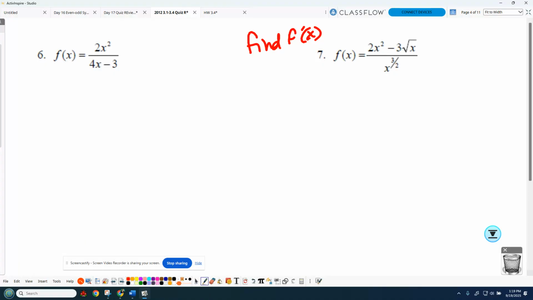On the test, will you make us find the derivative in a certain way, or can we do it? You can find the derivative in any way you want now. It's rare for me to force you into something. Now that we are past the limit definition of derivative, go crazy.